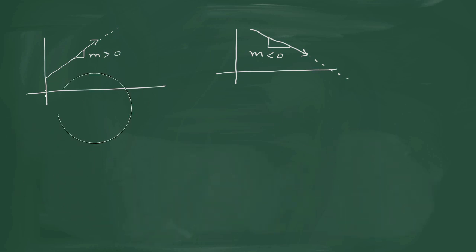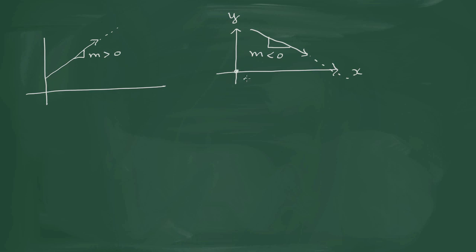If a straight line is facing up, then the slope is greater than 0. When the straight line is facing down, it's a negative slope. If it is neither up nor down, what is the meaning? Then it must be horizontal. Only horizontal. This is the x-axis, the y-axis you always write.